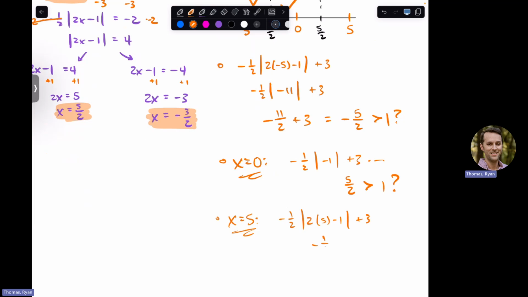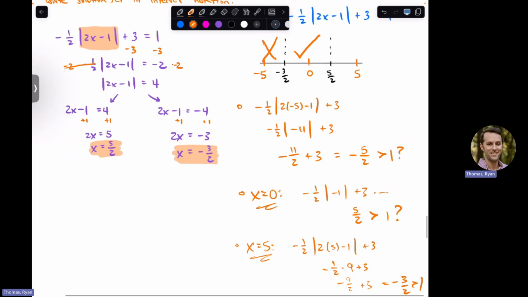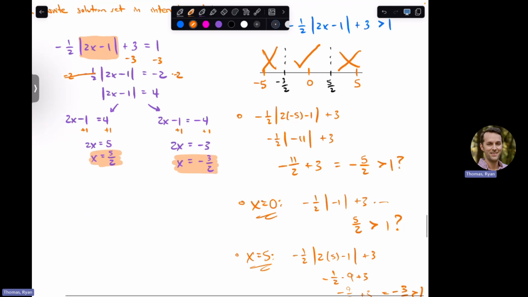So negative 1/2 times 9. That's negative 3/2, which is negative, and so not bigger than 1.